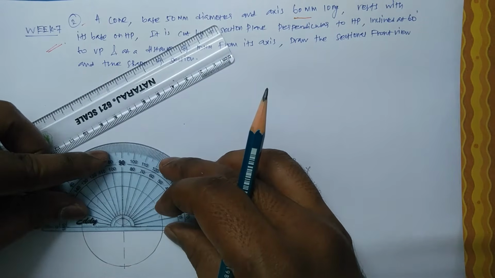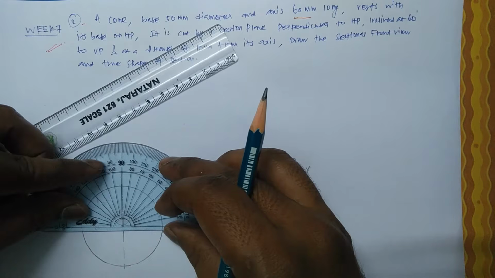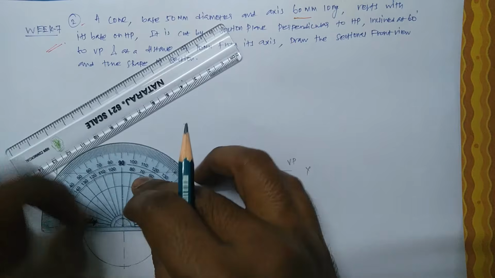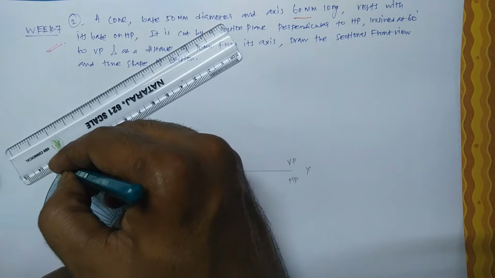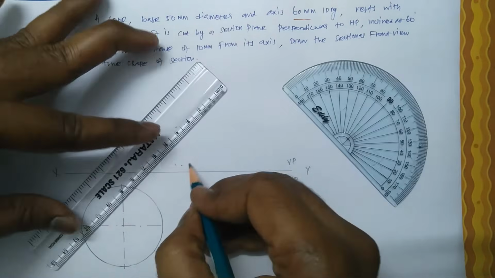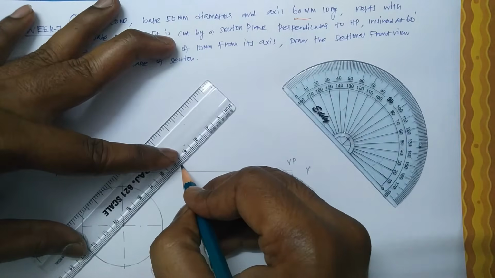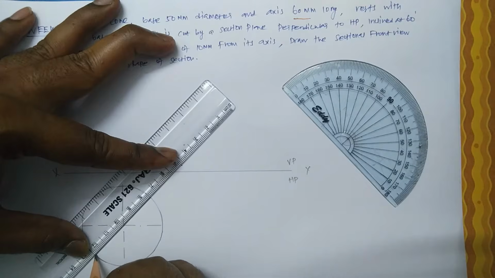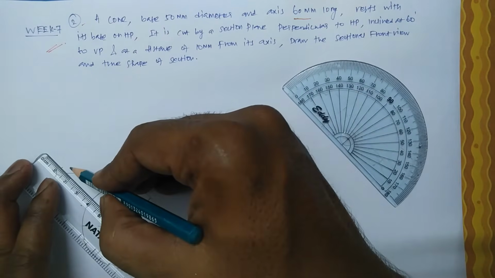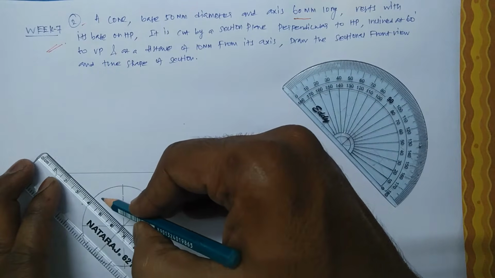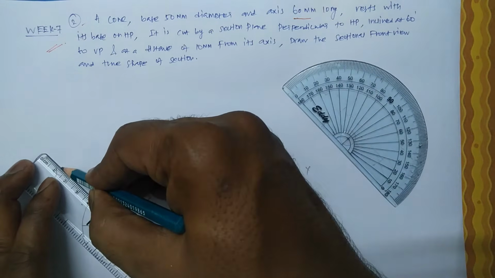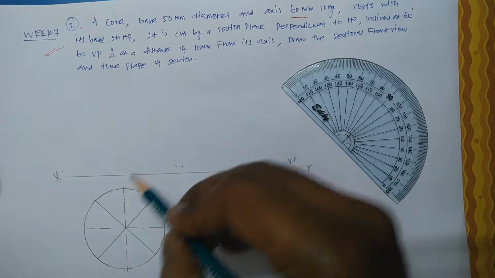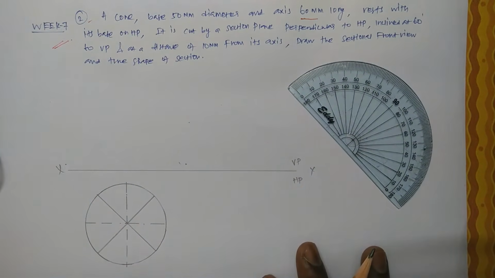Let us make it for 45 degrees. Two points are sufficient. See here one point, again here another point. Finish. Now the circle is over.